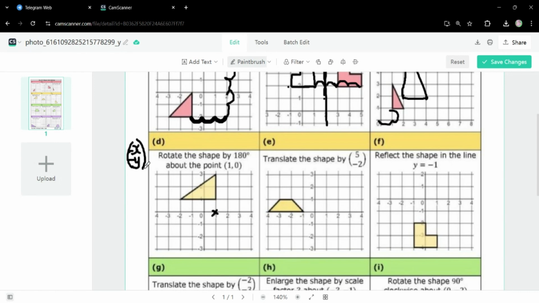We have other formulas for different degrees. For 90 degrees clockwise, we have y, negative x, and for 90 degrees anti-clockwise we have negative y, x. For 180 degrees it will always be negative x, negative y, no matter what direction, anti-clockwise or clockwise.